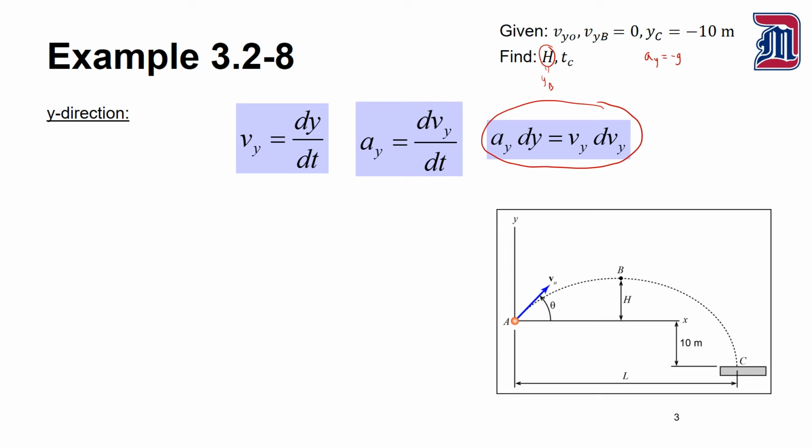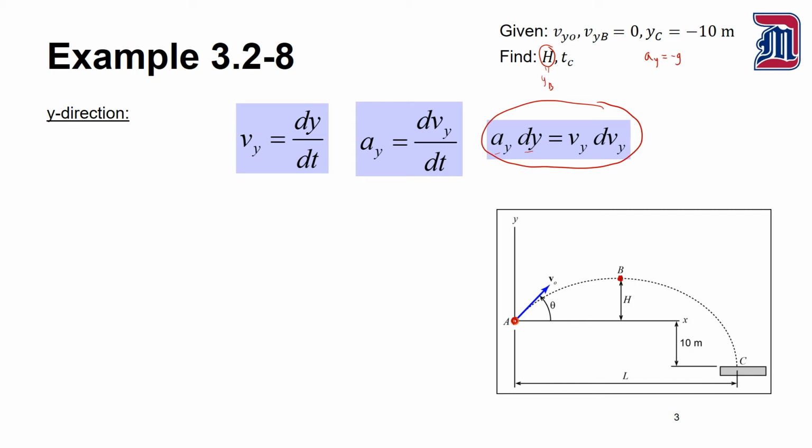We know the acceleration. We are trying to find the change in height between A and B, so that's the unknown. And we know the initial velocity and the final velocity between those two points. So this third equation has everything we need. It doesn't include time, which we don't know, so that's a helpful thing.